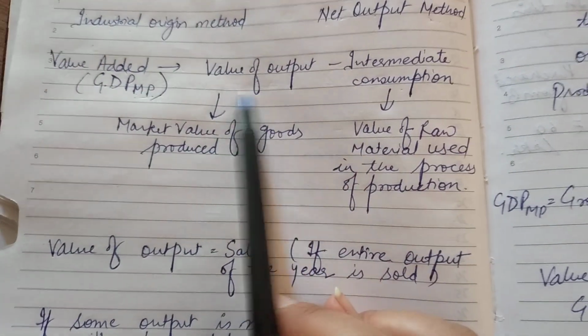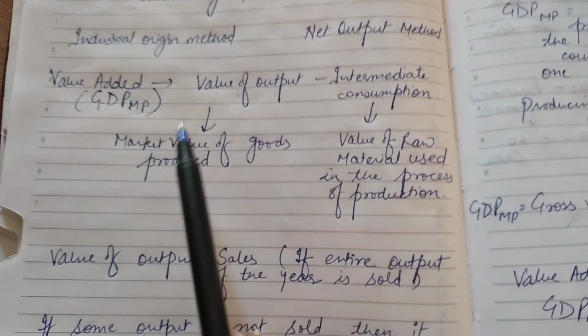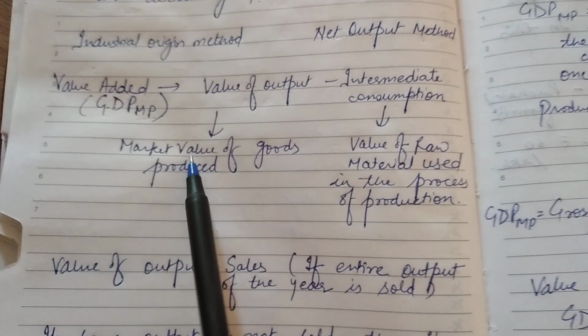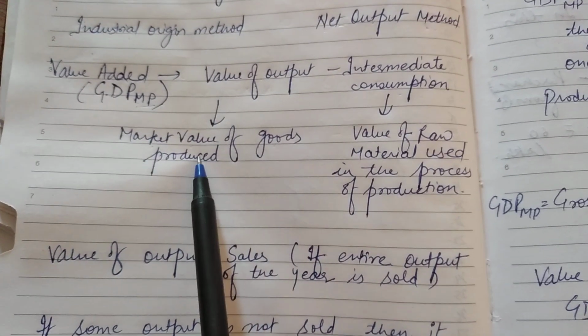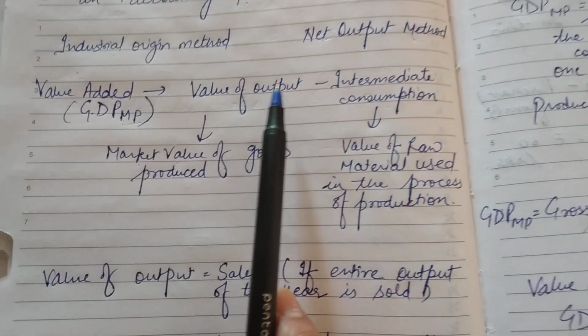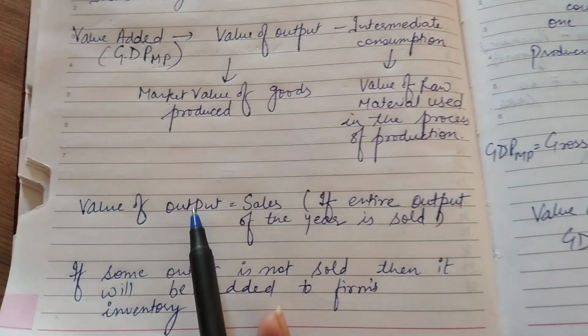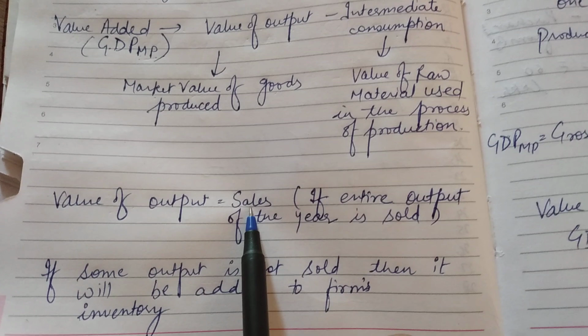So what does this mean, value of output? Value of output can simply be considered as the market value of goods produced. To find out the value of output in numerical terms, value of output will be equal to the sales.